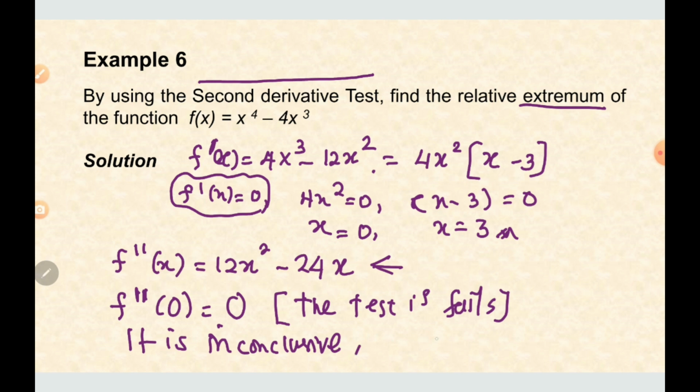Therefore, we must use the first derivative test.